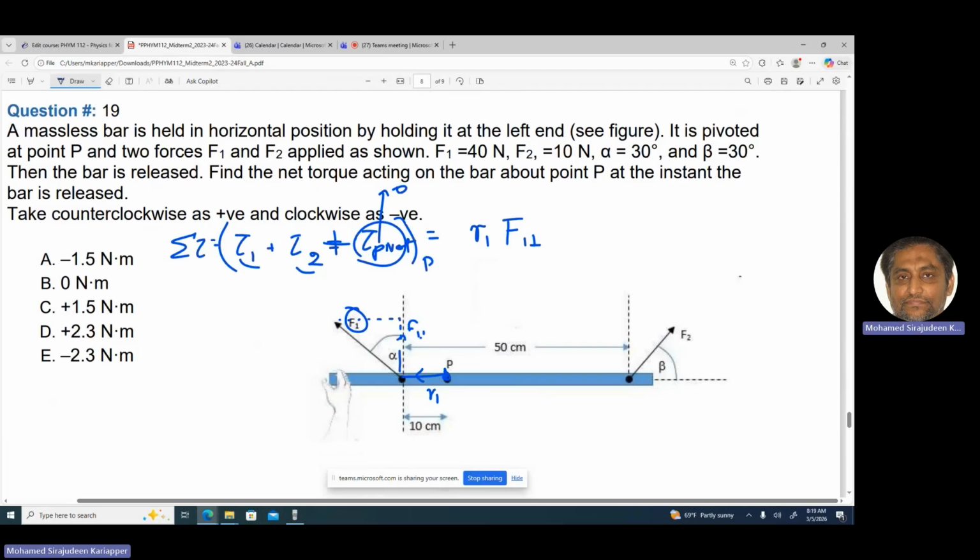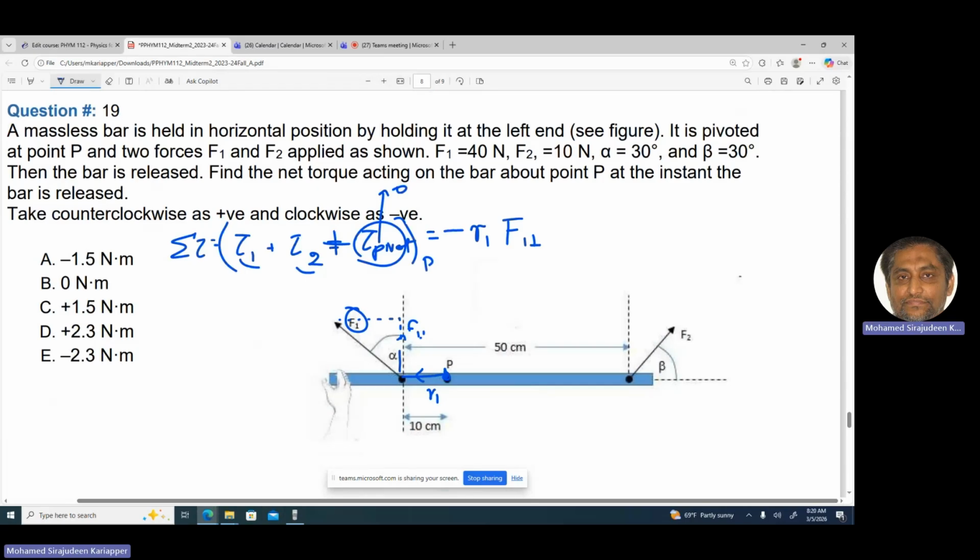And the sign, tell me the sign. Is it going to rotate it clockwise or counterclockwise about the point P? Clockwise. So, negative. Right? I'll put the values later.